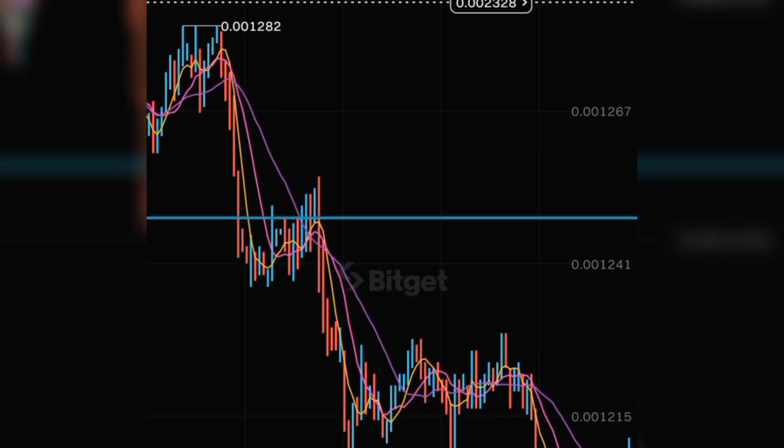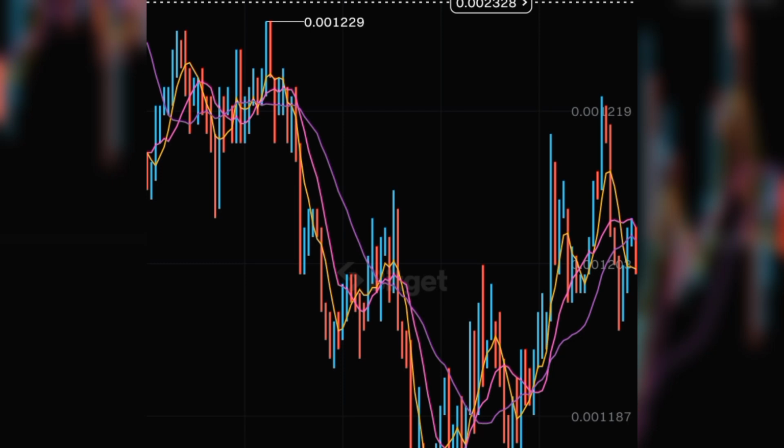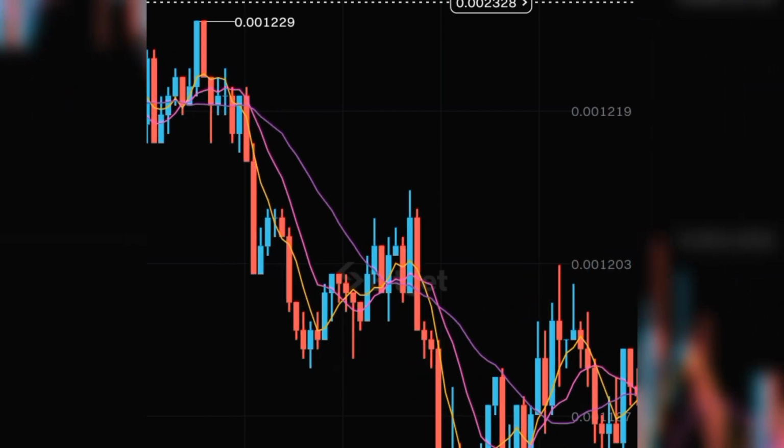So let me show you something. Looking at this pattern right now, this looks like a rectangle or triangular pattern. So this is a small sideways trend, and it happens to be a continuation of the downtrend, okay? So that's why it's seen like this. And right here after it crosses again, the market had to push down. So all these are continuation.